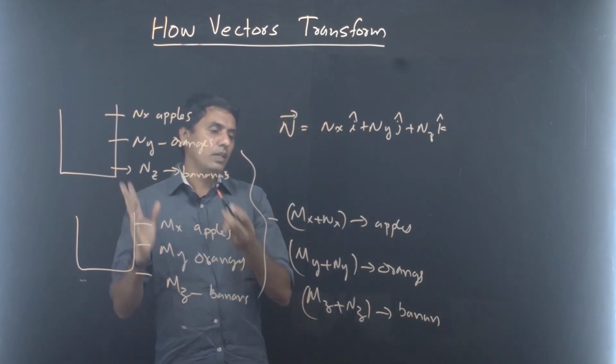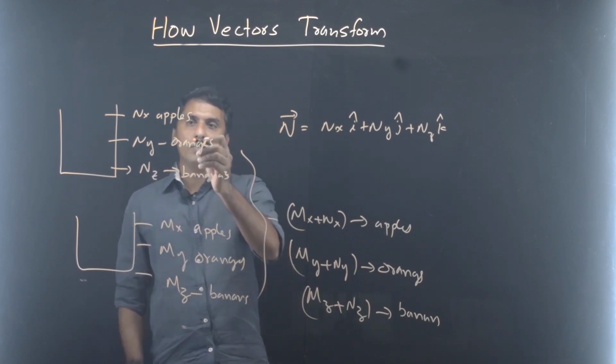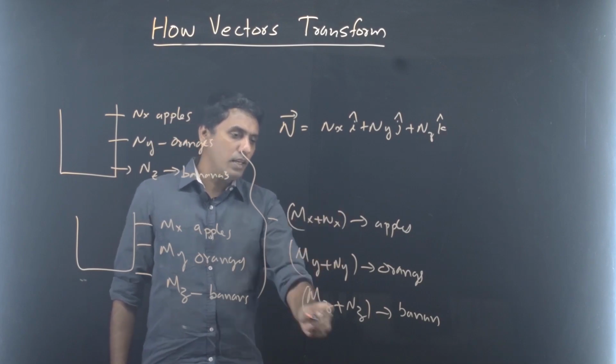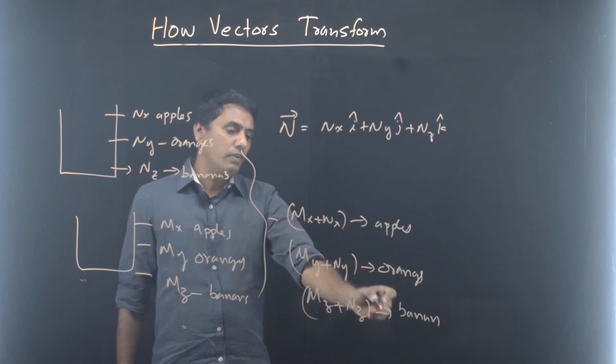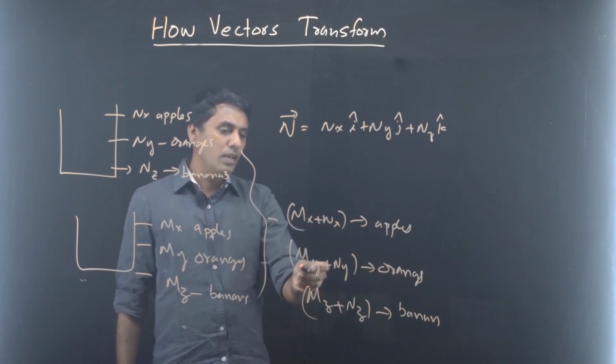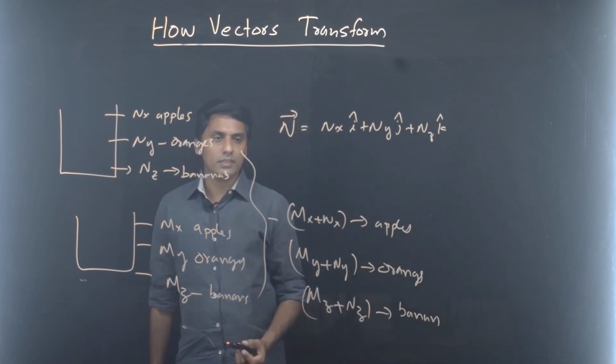Again, by the definition I said, it has three components, and clearly it acts like vector addition. Total apples is mx plus nx, oranges is ny plus my, and bananas is nz plus mz, right?